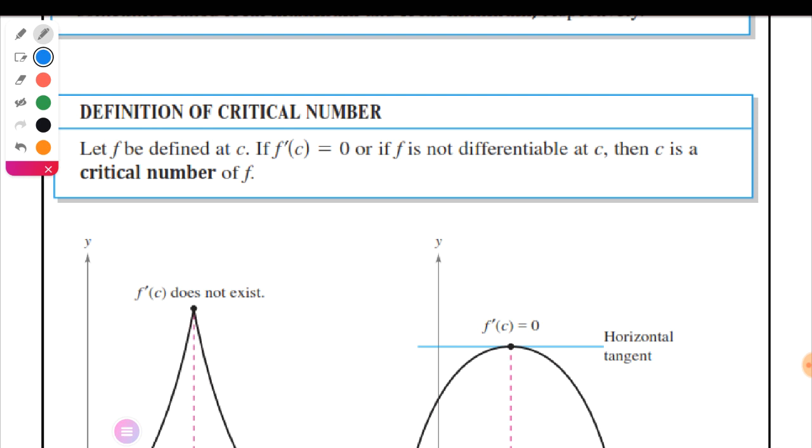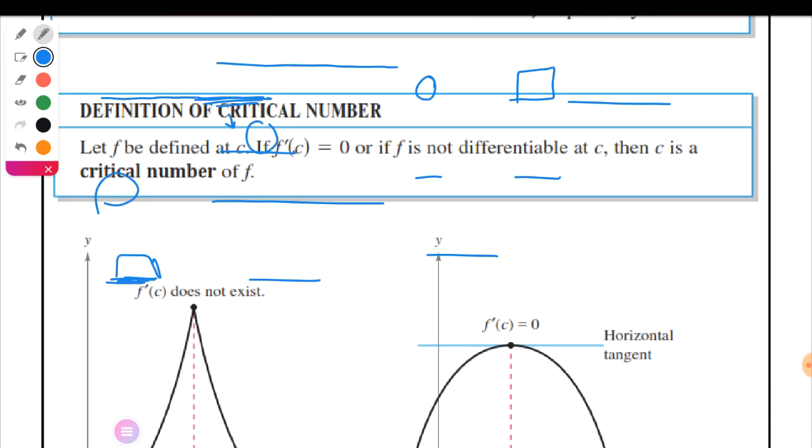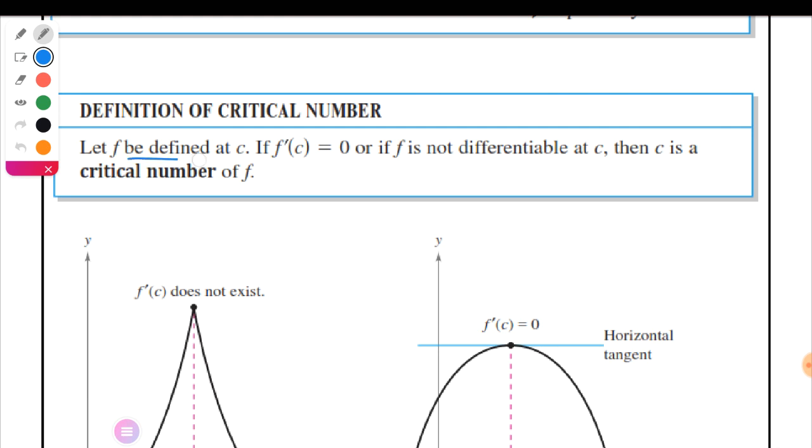Be careful. When you read the definition, you have to understand the meaning of everything in this definition. Here, let f be defined. Look here, it is very important. Defined at x equal what? C. So the function must be defined at this value.